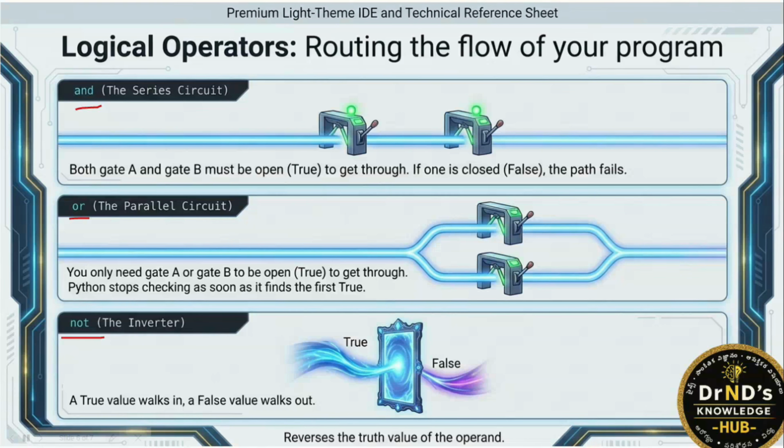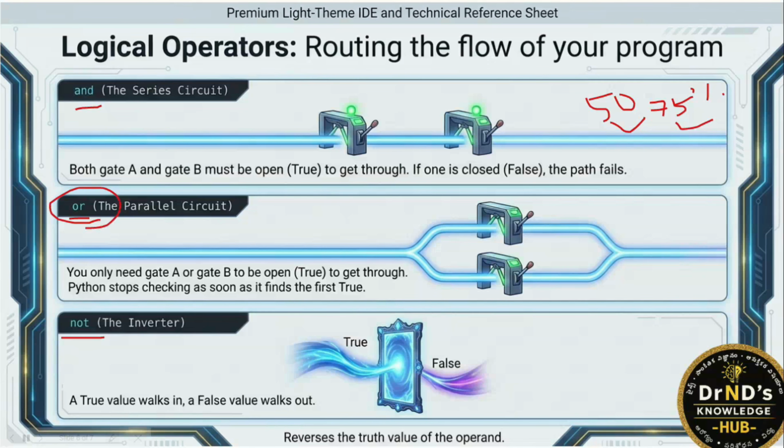For example, a student passes only if marks are greater than or equal to 50 and attendance is greater than or equal to 75%. Both conditions must be satisfied. Or. Now next look at the logical operator OR.